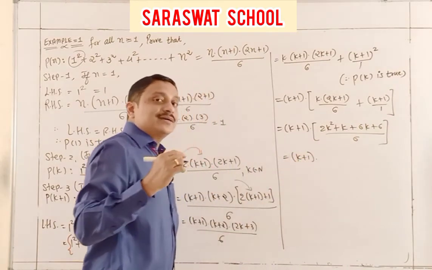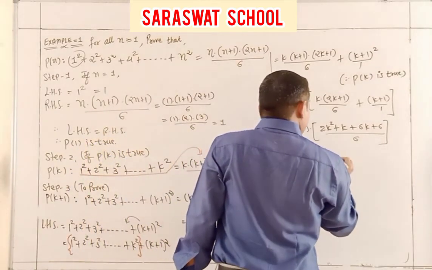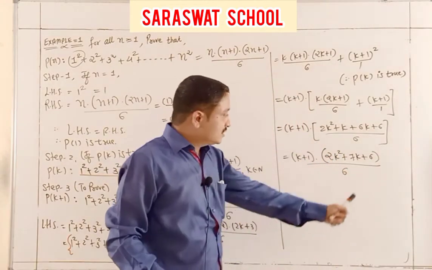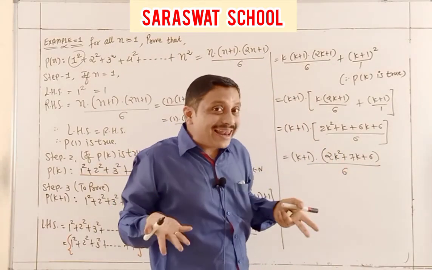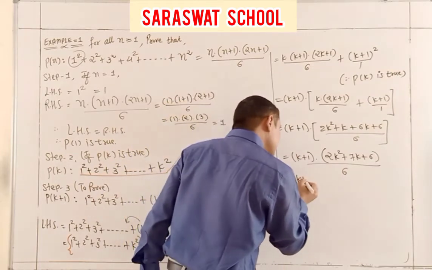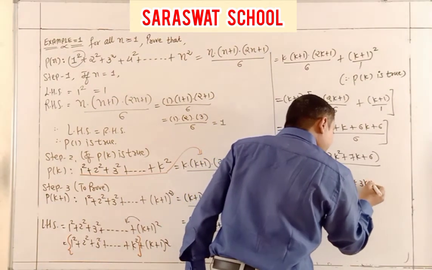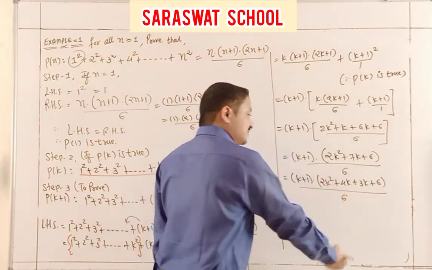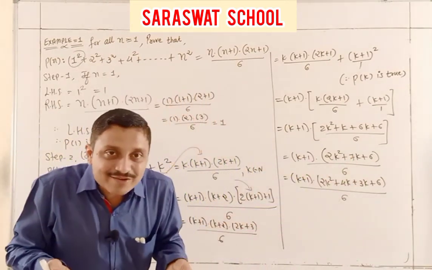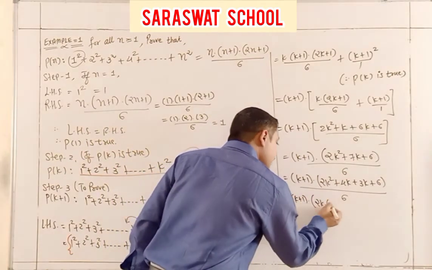Simply splitting: 2k square plus 7k plus 6 by 6. Now students, 6 twos are how much? 12. But I want 7. 4 threes are 12. So k plus 1, 2k square plus 4k plus 3k plus 6, by 6. 4 threes are 12, and both addition must be 7.